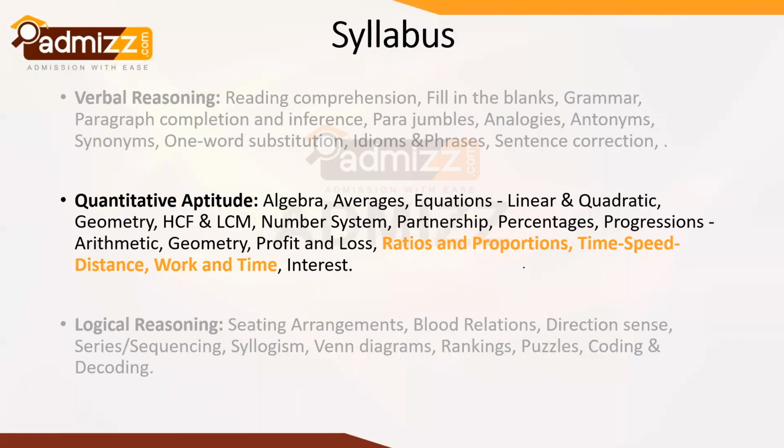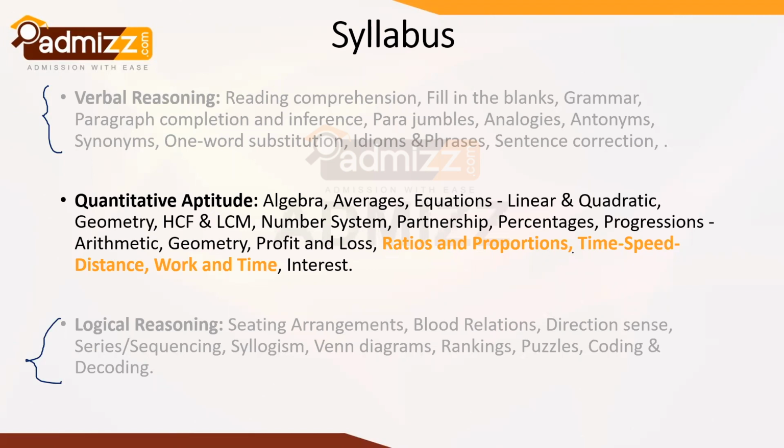So in this session, we are going to discuss quantitative aptitude, which includes mathematical topics such as ratio, proportions, time, speed, work, time, interest, algebra, averages, and things of that sort. We have already completed verbal reasoning and logical reasoning, right? So the last category that we have left is quantitative aptitude.